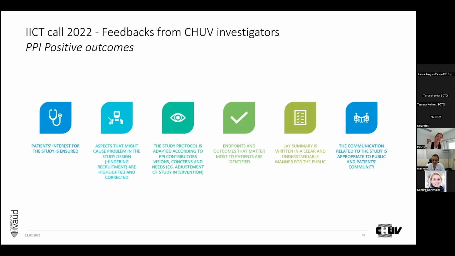And by having seen those aspects, they could adjust their protocol and adapt it according to PPI contributors' visions, concerns, and needs. They could also prioritize endpoints and outcomes that matter most to patients. And they could write a clear and understandable lay summary that was sufficient and transparent for the public, for better communication about the research.